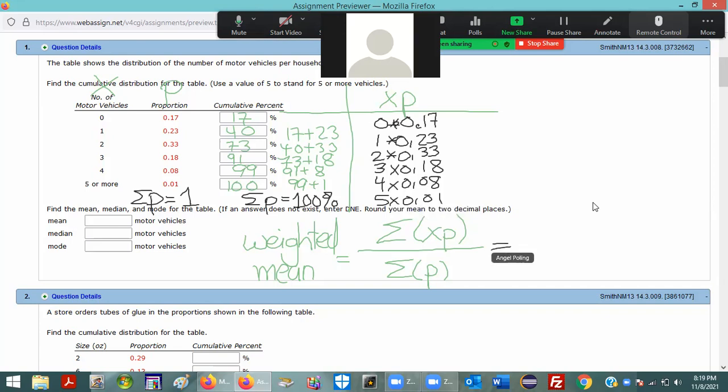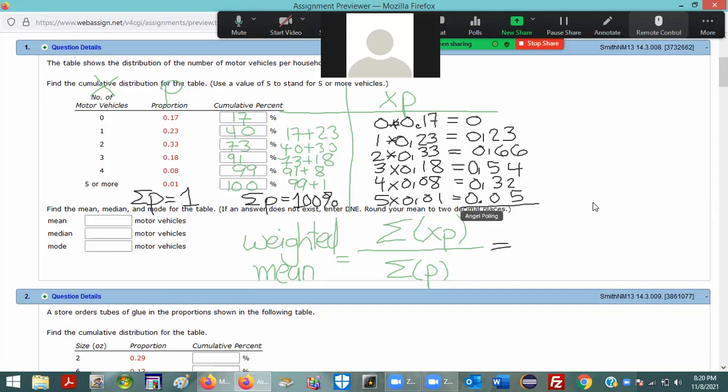When we run this through a calculator, we're going to have 0, 0.23, 0.66, 0.54, 0.32, and 0.05, right? When we sum this column, we'll be summing each of the x times p.